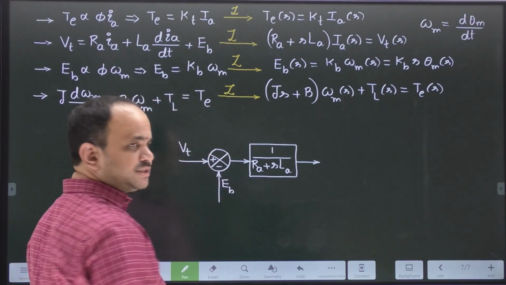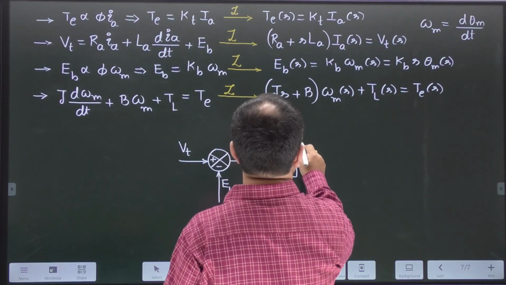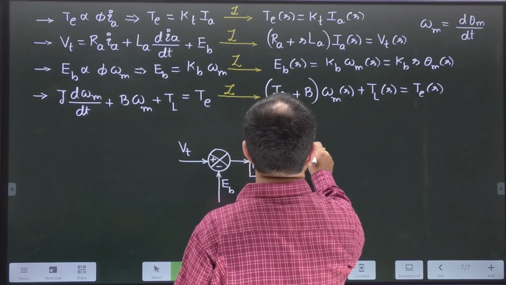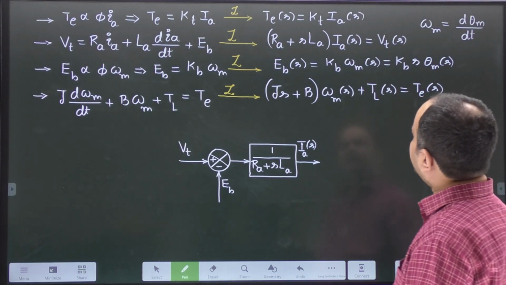So VT minus EB divided by RA plus S LA will give you the armature current, that is IA of S.